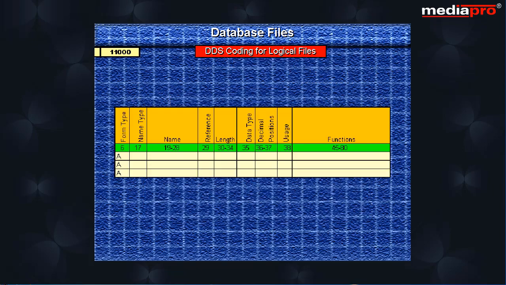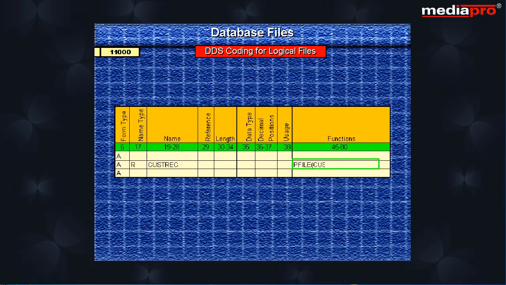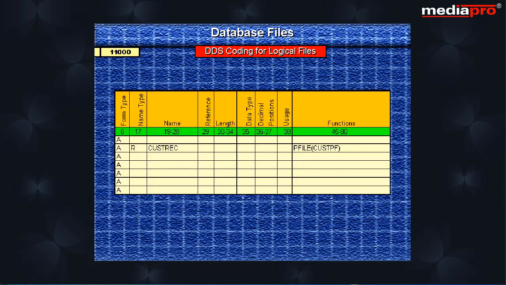Like for physical files, we code a record format name in column 19 to 28 along with the R in column 17. In the function column, we code the PFILE keyword to identify the physical file that contains the data. Next, we list out the fields we want to include in the logical file.